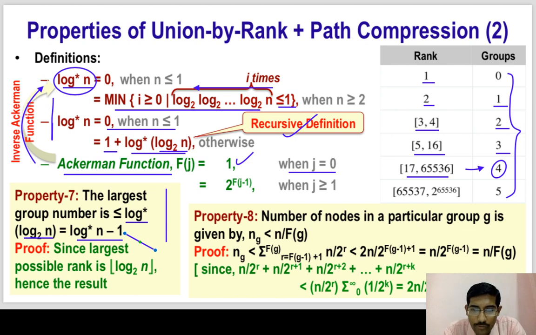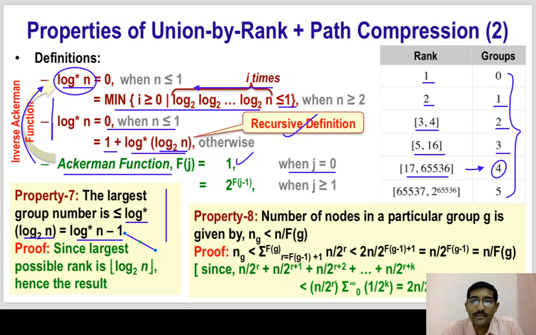Because during path compression, when we try to find a set, we compress the path towards the root. I will see how many node switches a particular node or its ancestor has to make after path compression.